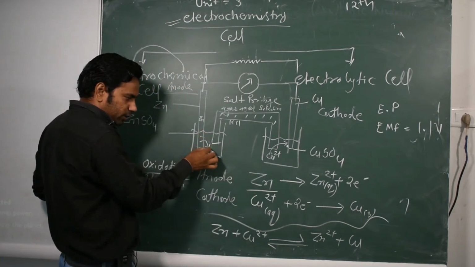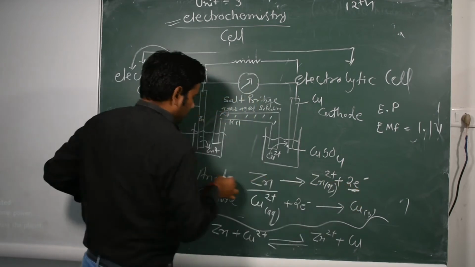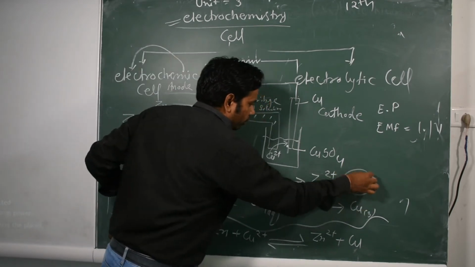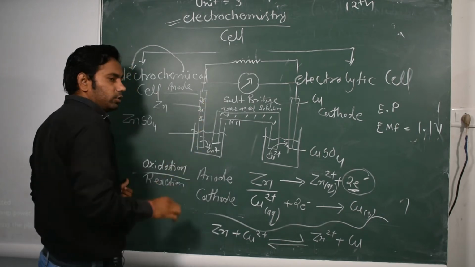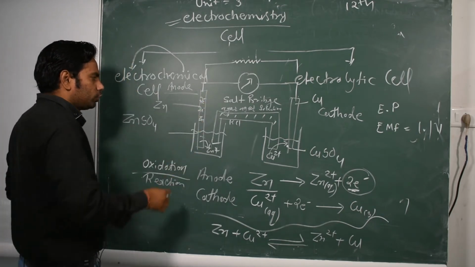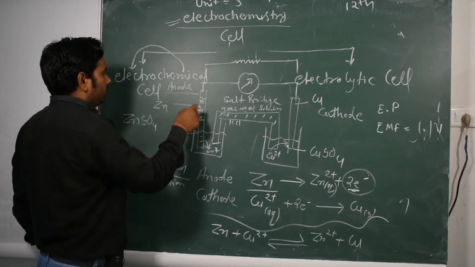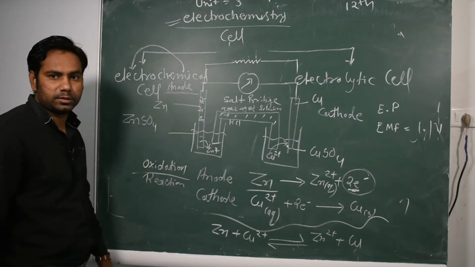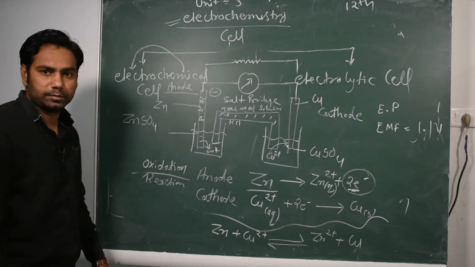Zinc converts into Zn2+ ions with removal of 2 electrons. These 2 electrons are stored on this electrode, so the maximum number of electrons are present on the anode, and the anode becomes negatively charged.